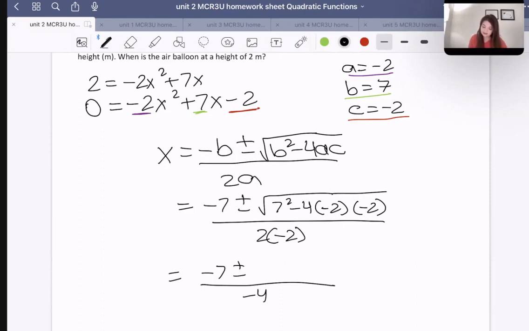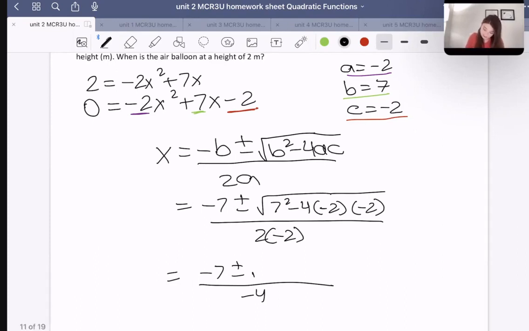So we have 7 squared, which is 49, and then 49 minus 16, so 33.